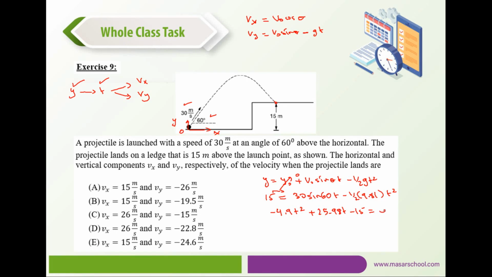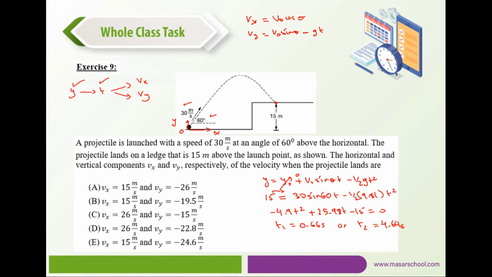We will get two solutions, t1 equal to 0.66 seconds and t2 equal to 4.64 seconds, and both times are positive. Which one are we going to choose? We should interpret the results properly.